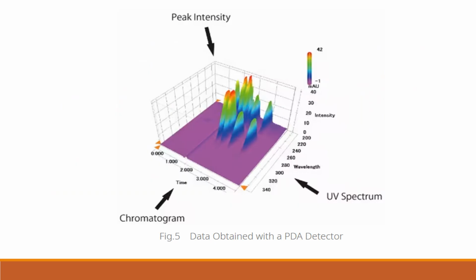As you can see in this diagram, there is not only the x-axis that gives you the time range, but also the y-axis that tells us about the intensity of the peak, and there can be different wavelengths where you can detect the peaks. So it is a multi-wavelength detector.